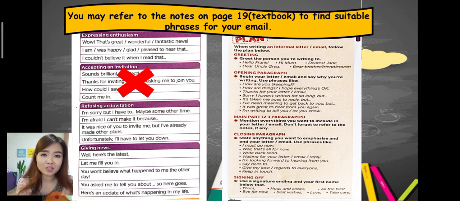You can use expressing enthusiasm, refusing an invitation, and giving news, okay? Also, before you start, please refer to the note on page 19. There is a note on how you can plan your email. Can you see on this slide on your right hand side, there is a plan and a draft. Please go through that before you start writing your email back to Simon.